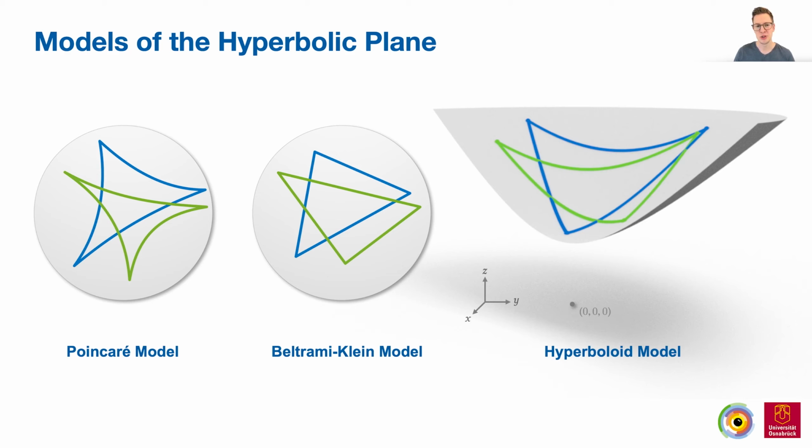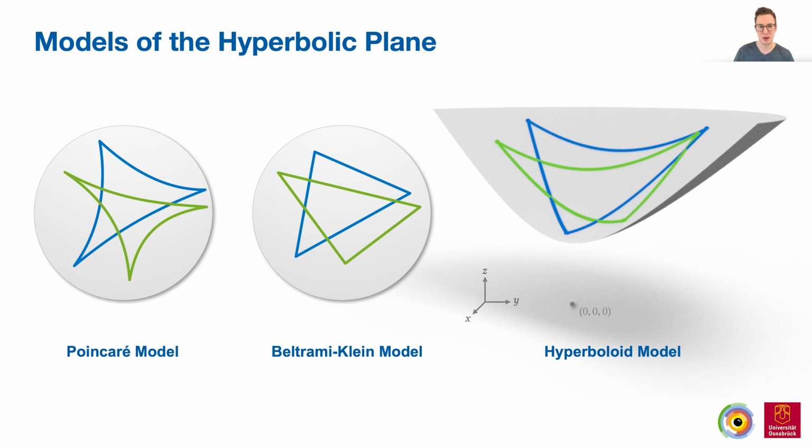The third model that we want to present here is a bit different, as it maps the hyperbolic plane to a surface in 3D space, namely to the upper sheet of a hyperboloid. And this model is called the hyperboloid model, or the Minkowski model. It's interesting because it provides a nice way of computing intersection points between geodesics in a way that also generalizes to the sphere and the Euclidean plane.